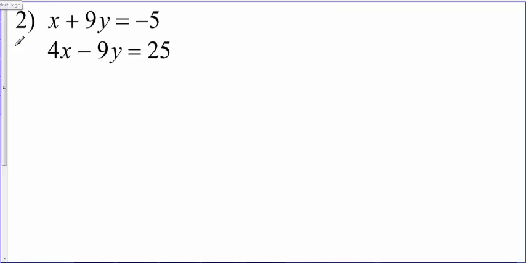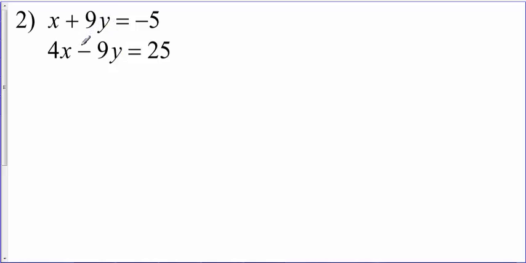Now let's look at another example. In this example, we have x plus 9y equals negative 5 and 4x minus 9y equals 25. We're going to repeat the process. We're going to look at our x's. I have a 1 here and a 4 here. I have a positive 9 and a negative 9 on the y's.